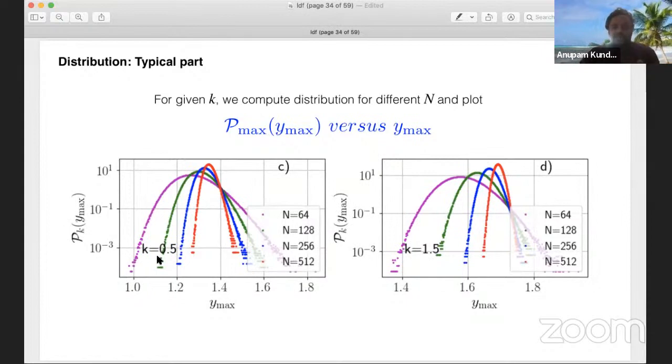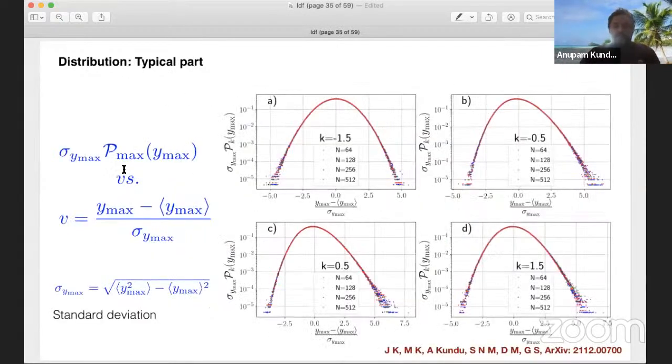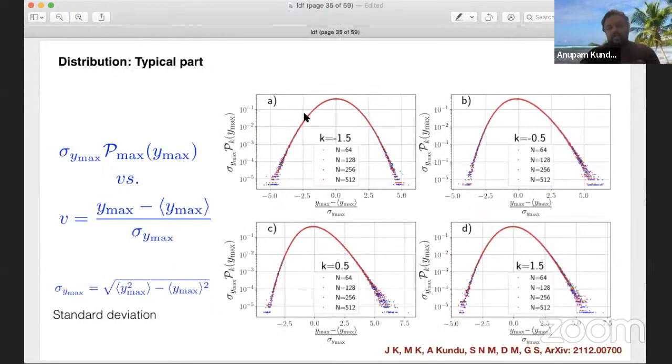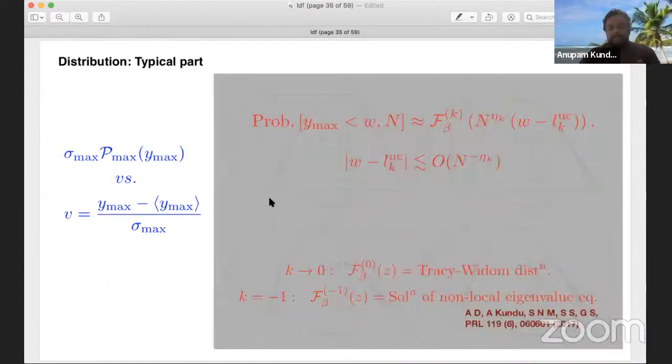But interestingly, if we multiply the y-axis by the standard deviation of y max, and shift the x-axis by the mean and then divide by the standard deviation, then all these curves fall on top of each other, and you get a nice scaling data collapse, which leads to the existence of a scaling function.